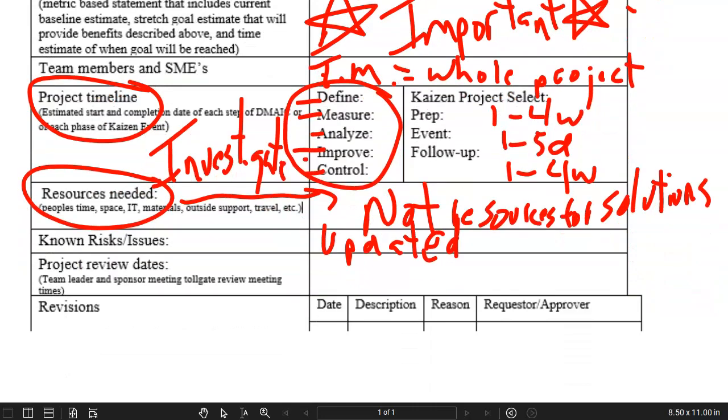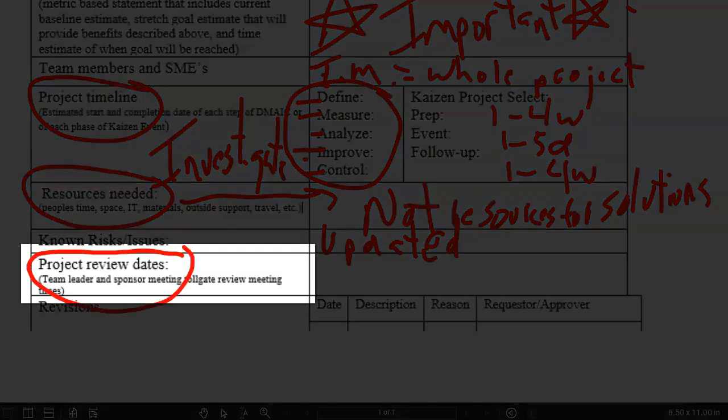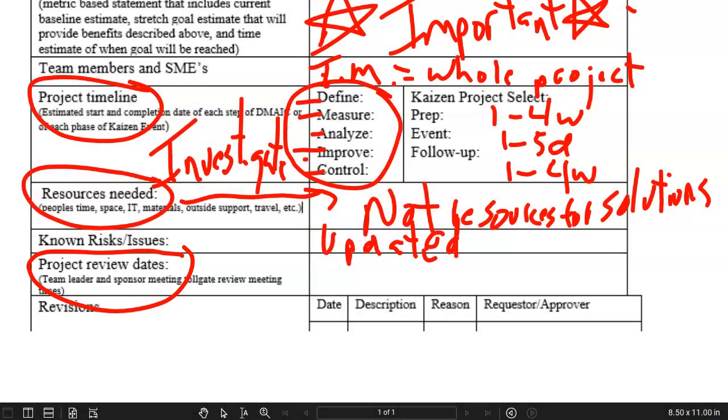I think it's important to also include project review gates, or the toll gate reviews that you're going to have with the sponsor. I typically match them up to the 30-30-10-10-10 rule, and I try to have toll gate reviews at the end of each phase.